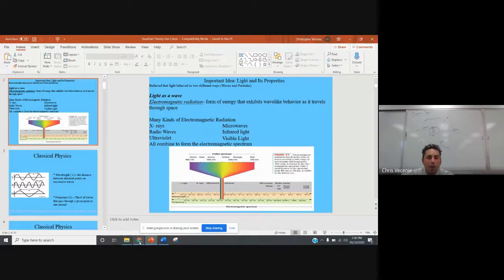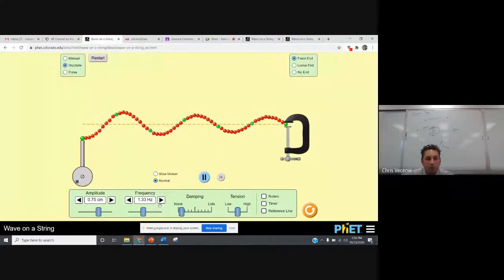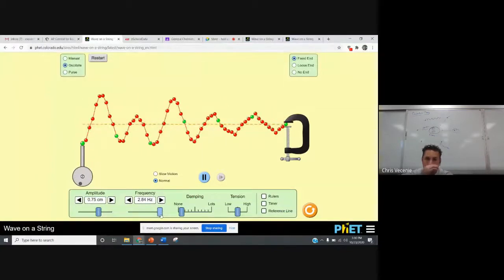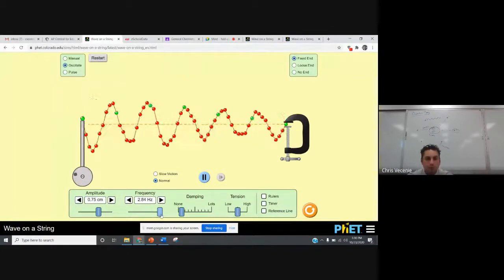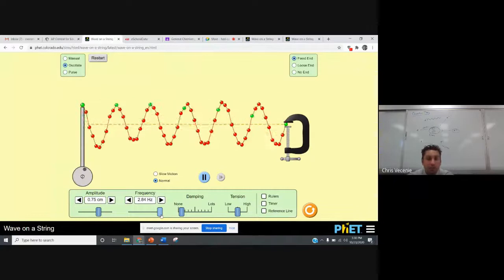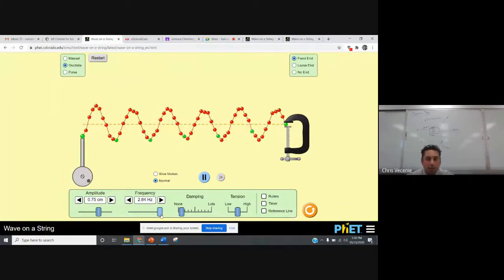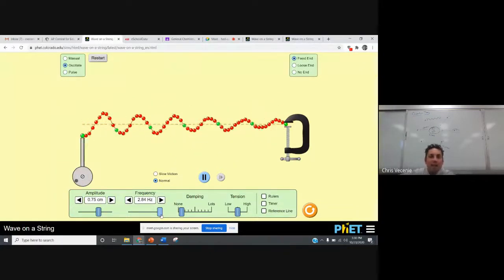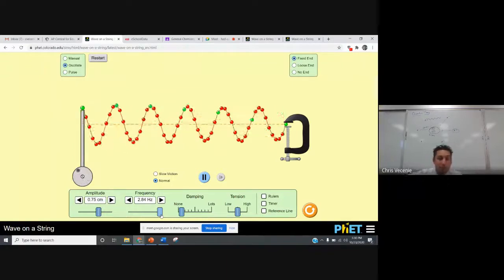But if we go back and we intensify our wave even more, that wave is clearly possessing a substantial amount of energy, right? And if that wave were to hit me, it might do damage.